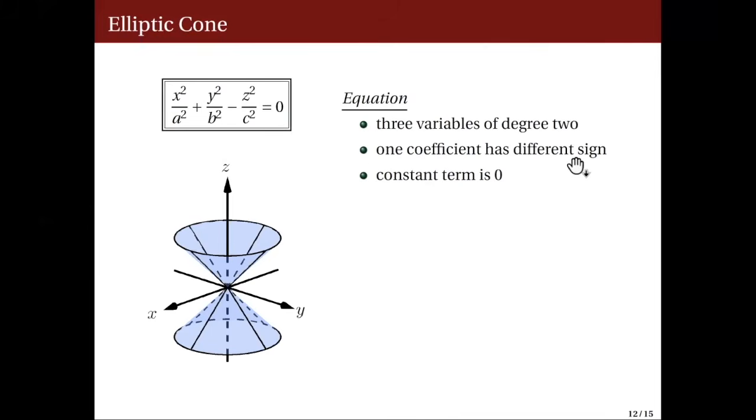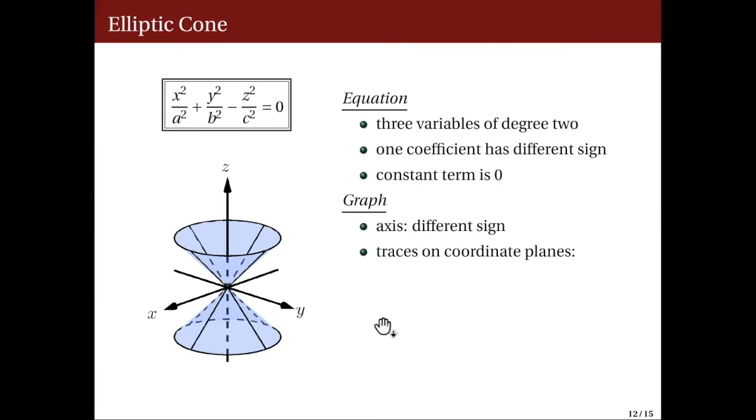Also take note here, I mentioned one coefficient has different sign. I did not mention one coefficient has negative sign because you can actually multiply this by negative 1, and when you do that, two of them will have negative signs and one will have a positive sign. Okay, for the graph, this is also axial, and we can see that this illustration has axis, the z-axis, which corresponds to the variable with the different sign.